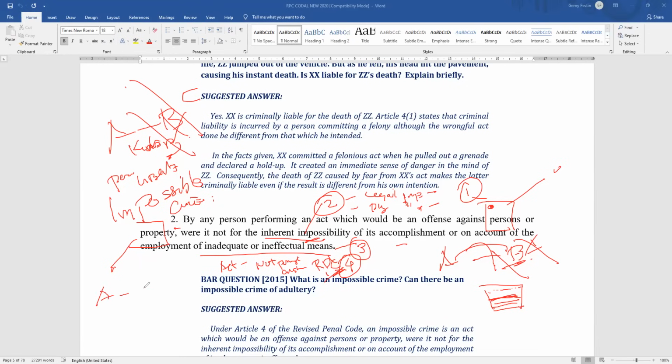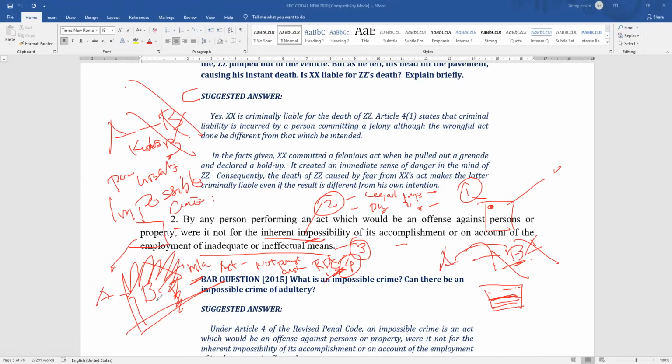A intended to kill B. Nipa house lang si B, sa bukid lang siya. So he hatched a plan to kill B. Pero unknown to A, B was already in Manila a week ago, just to look for his mother. But all the while, A thought that B was in his nipa hut. So after a few days, he burned the house of B. Di ba merong murder qualified by use of fire?